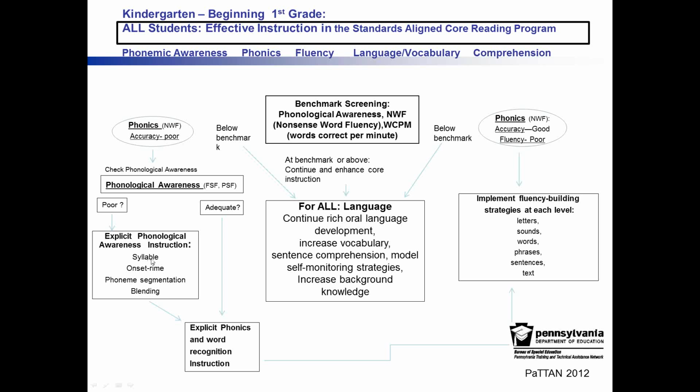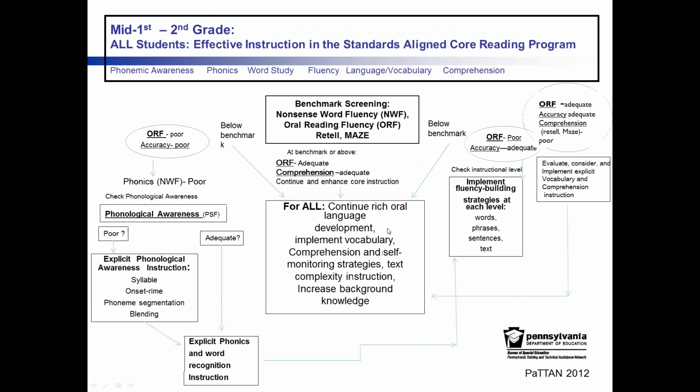You might need to look at whether or not she's struggling in phonological awareness, and if so, you might need to do some things in the areas of instruction, getting the child to hear syllables, onset rhymes, or phoneme segmentation or blending. So you can see through this schema, it lays out what you need to be considering instructionally based on how students do. And here's another schema that looks at 1st to 2nd grade as we expect the skills to progress.